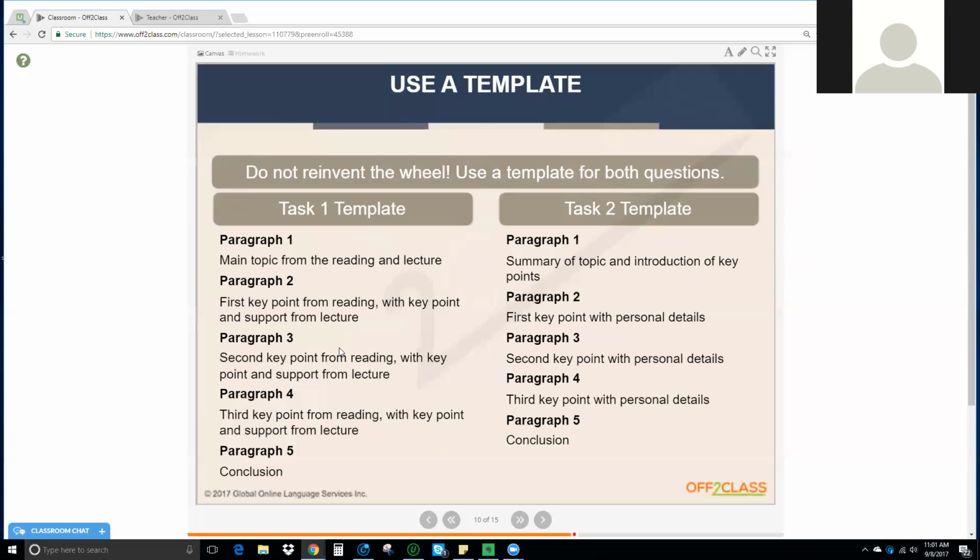Okay, in your third paragraph, you're going to refer to the second key point from the reading. Same thing, you're going to discuss how the speaker addressed that.